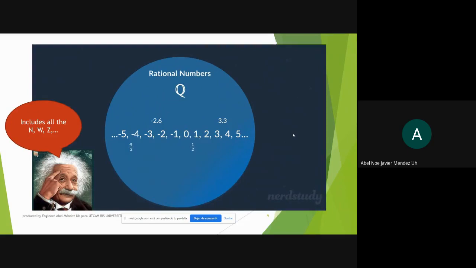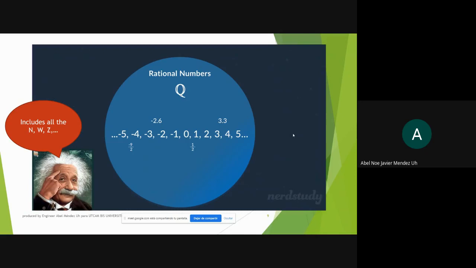And the rational numbers include all the natural, whole, and integers, plus the numbers that contain decimals and numbers that contain fractions, okay?